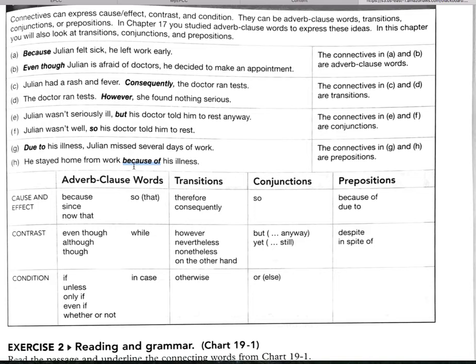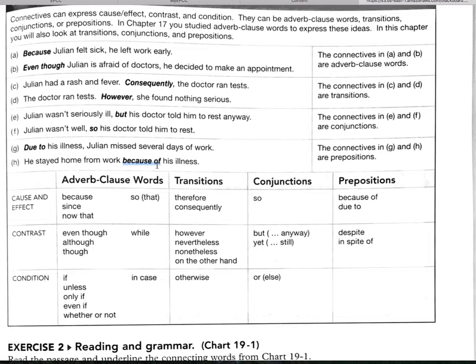Also, these are prepositions that are used to state cause and effect. The connectives in G and H are prepositions. Now you notice if you use due to at the beginning to introduce the adverb clause, we use a comma. But if you use because of after the main clause, no comma is necessary. Due to and because of have the same meaning.